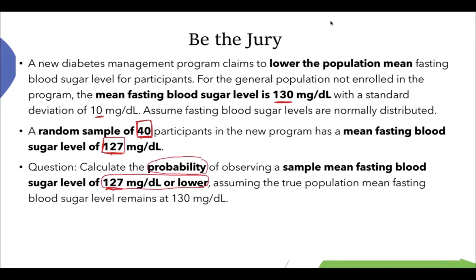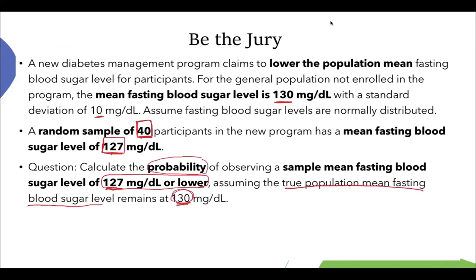And when we calculate this probability, we are going to assume the true population mean fasting blood sugar level is 130. That's going to help us with our probability because we're going to be using normal CDF here, and we need to know the population mean.